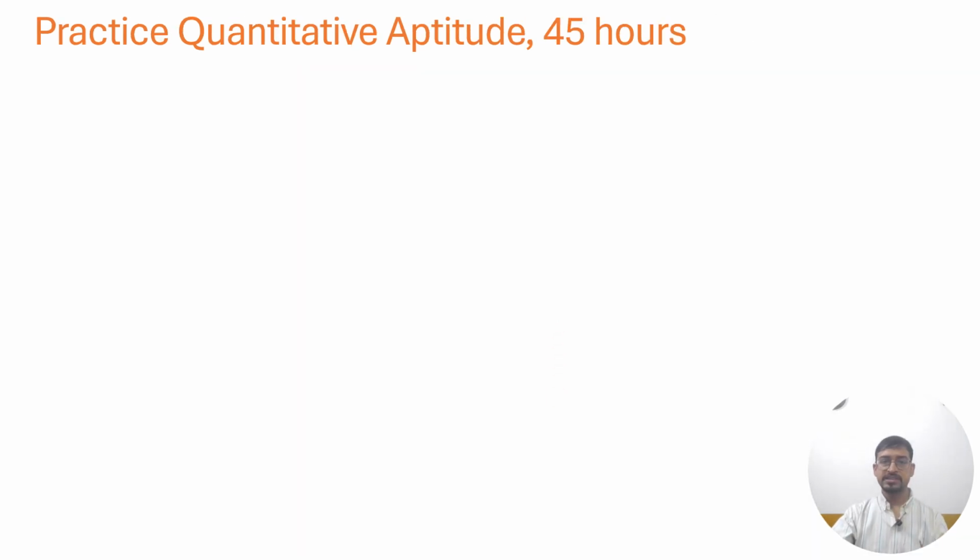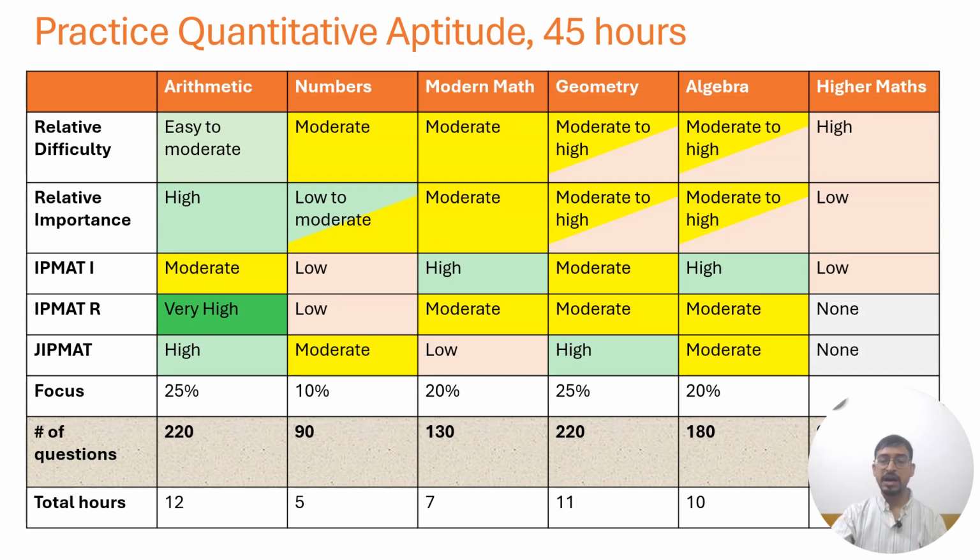So how to practice? For the 45 hours of practice that we have kept for quant, we should allocate them to the different headers. As you see, arithmetic, numbers, modern maths and all, we have categorized all the topics. We have measured the relative difficulty of each of these topics when it comes to practicing, and also the relative importance of these sections based on their individual importance across the three kinds of IPMAT exams.